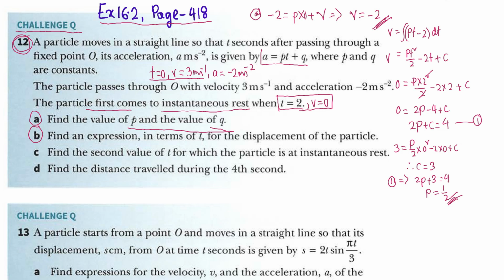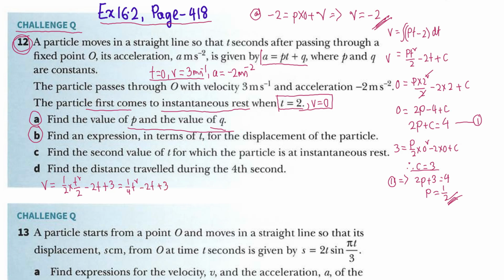Writing the velocity expression below after putting in the values of p and c: v = half times t squared by 2 after putting in the p value, then minus 2t, and the c value we got is 3. Now our expression is 1/4 t squared minus 2t plus 3.